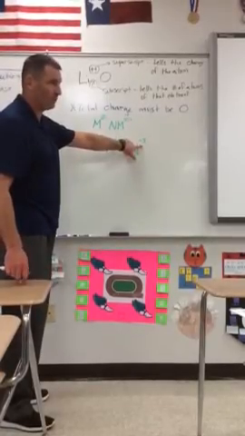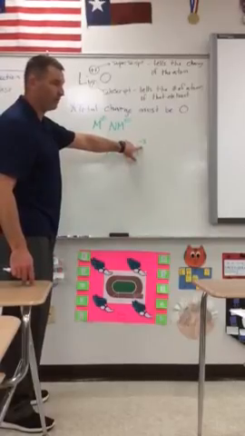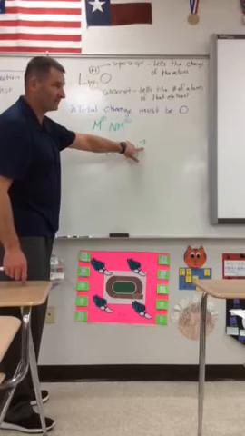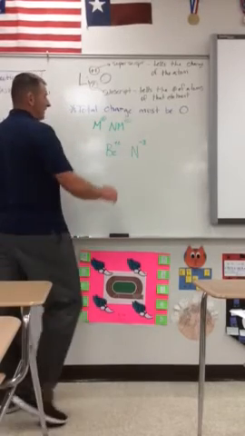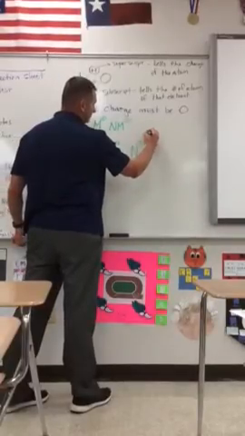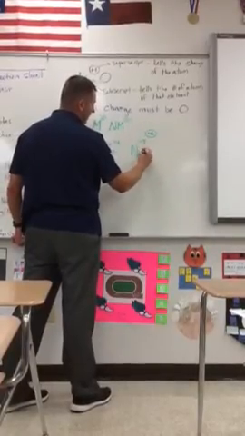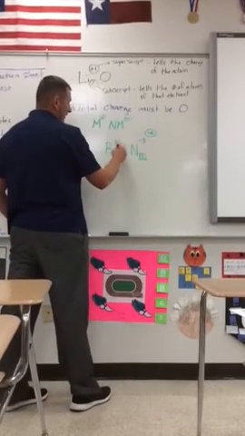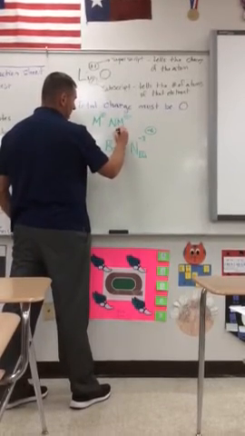No. Do they both go into 3? No. Do they both go into 4? No. Do they both go into 5? No. Do they both go into 6? Yes. So what times -3 is going to give me -6? 2. What times +2 will give me +6?